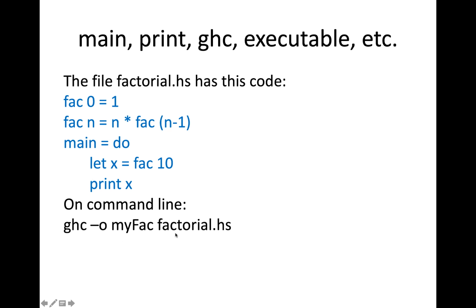So this is the command to compile the Haskell code, and after that is done, it will generate your executable, and you can run your executable, and that should give you this factorial of 10, right? So this is how we can get an executable, and you can directly run it without using the interpreter.